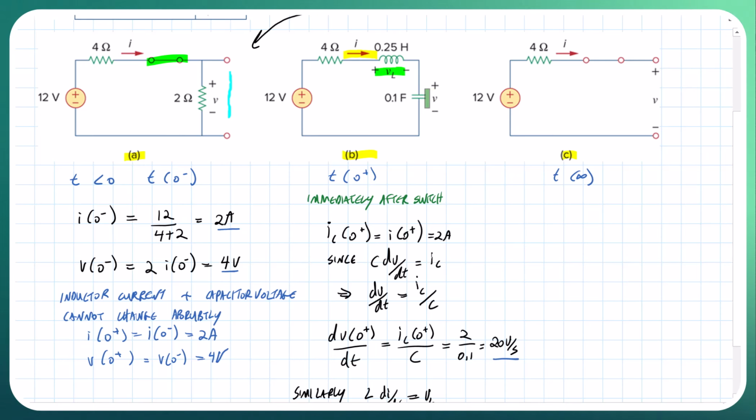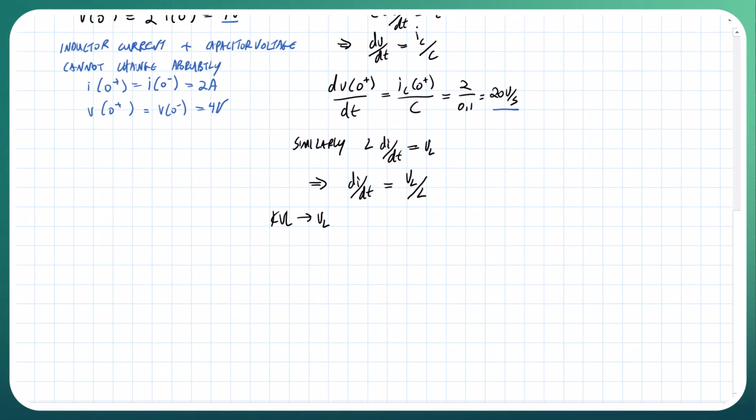Okay, so let's go ahead and write that equation down. In this case we get minus 12 plus 4 I(0+) plus VL(0+) plus V(0+) all equals 0. We can rearrange and we get VL(0+) is equal to 12 minus 8 minus 4, which equals 0.